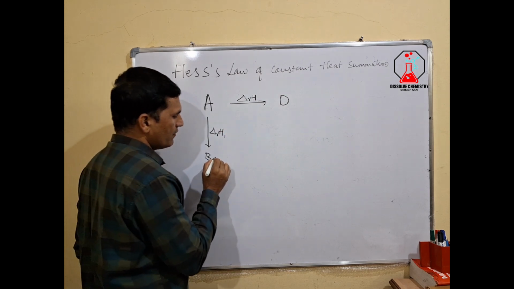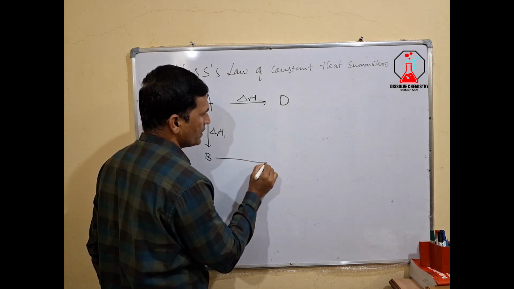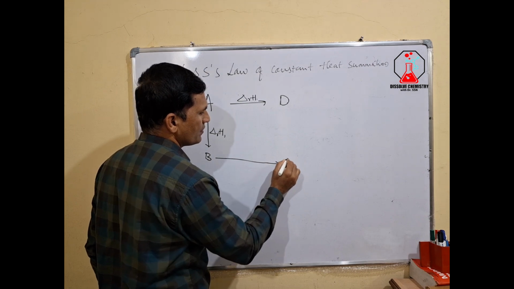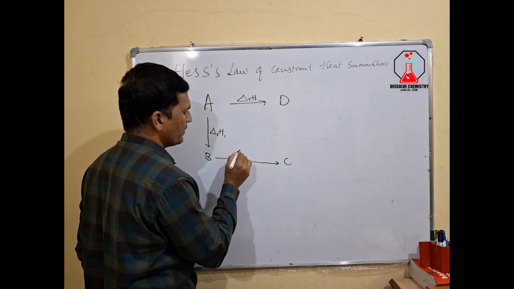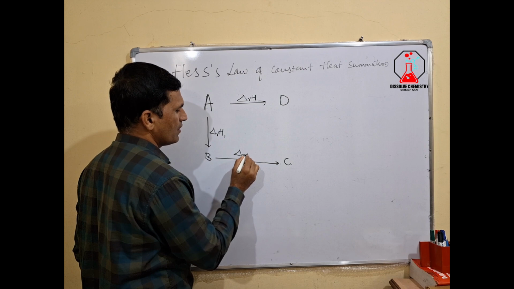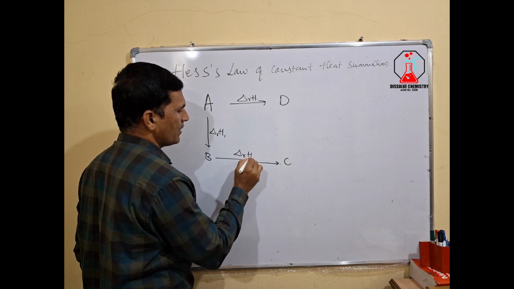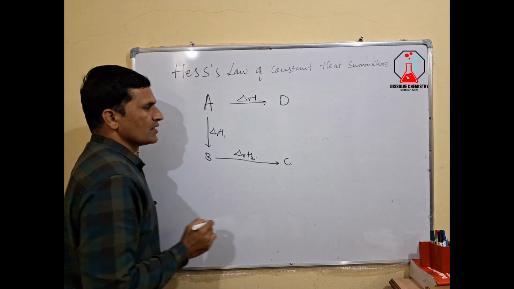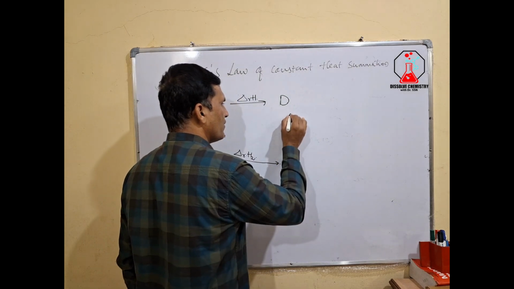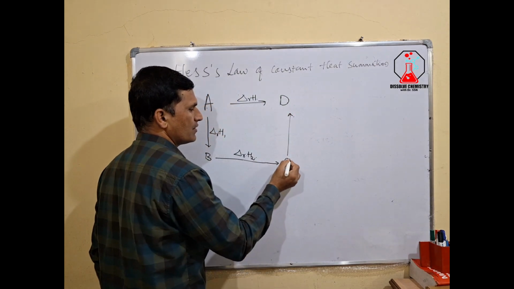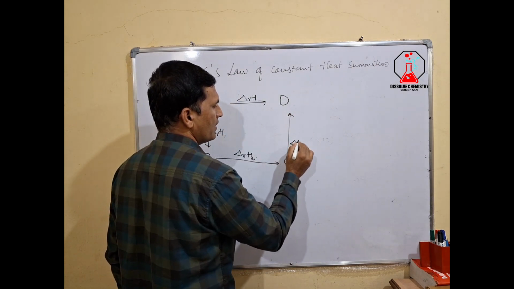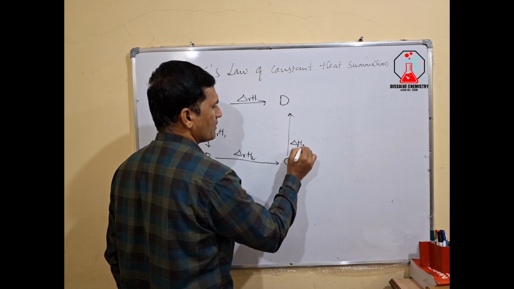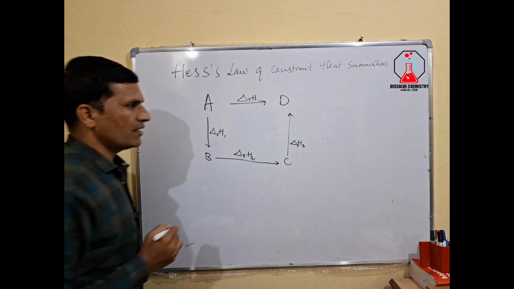Then we convert from B to C, and we call it delta enthalpy of reaction H2. Then C to D we convert, with enthalpy of reaction 3.